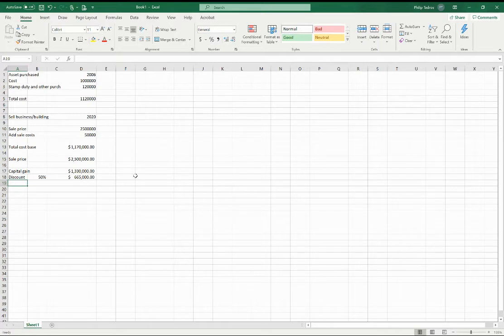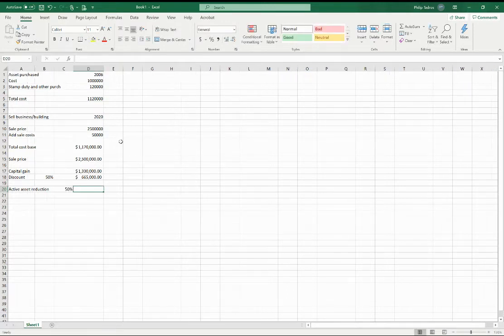$665,000. Now, one of the CGT concessions is that you can also apply an active asset reduction, and you can apply another 50% of that. So let's just maximize this. So you can apply another 50% of the $665,000.